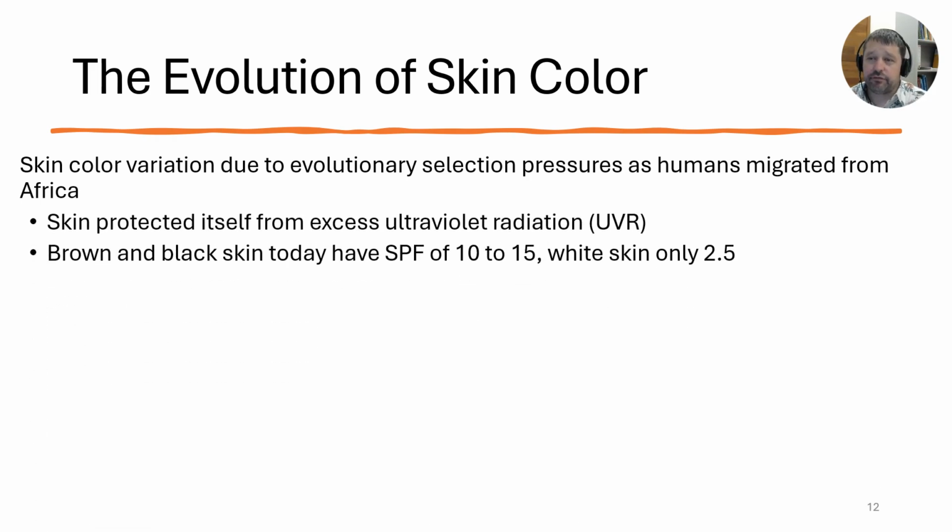Okay, so first off, having skin that is a darker color or has melanin in it allows for ultraviolet radiation to be reflected back. Okay, so it provides protection. So just having dark skin, brown or black skin, would give you basically an SPF of 10 to 15.